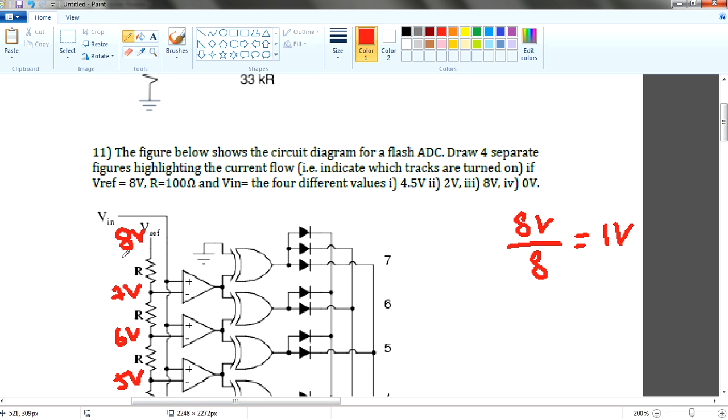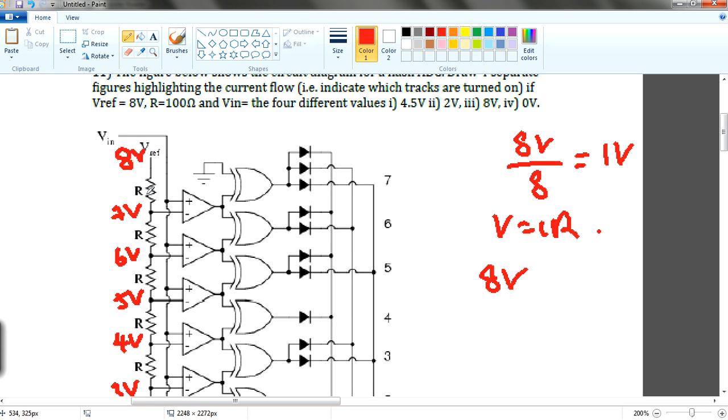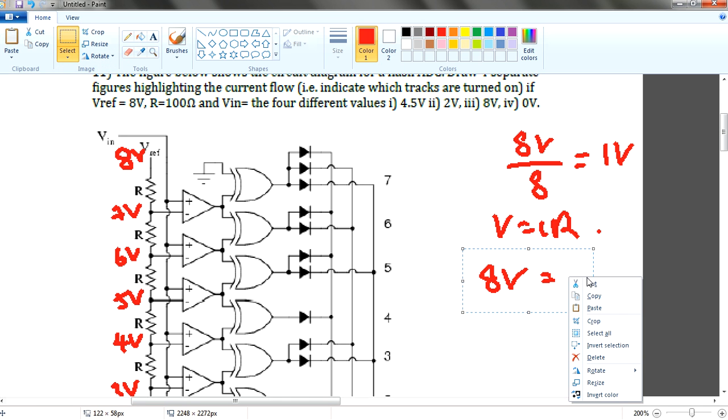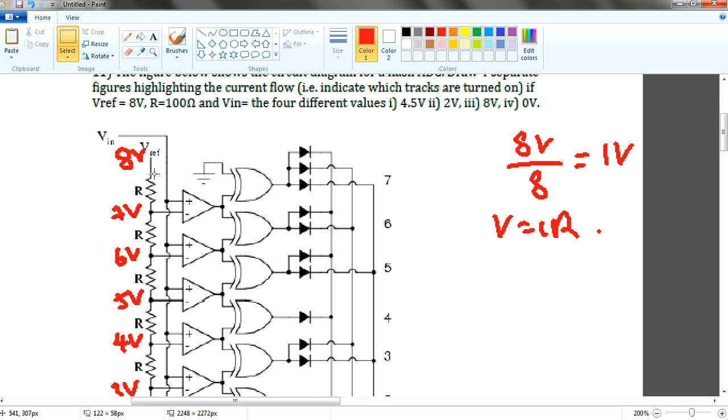So 8 volts in this case, you know that V equals IR. Each resistor is 100 ohm. Okay, my fault. For the voltage wise, they should be added up. I actually said the correct thing.